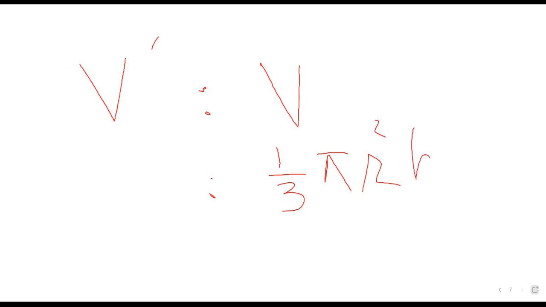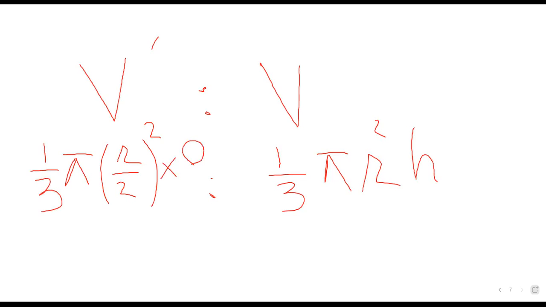So this was the original volume. And here, the 1/3 pi will remain as it is. So R is just half and H is double, 2H. Are you getting this? I am just putting in the proportion ratio, the new volume, V prime.